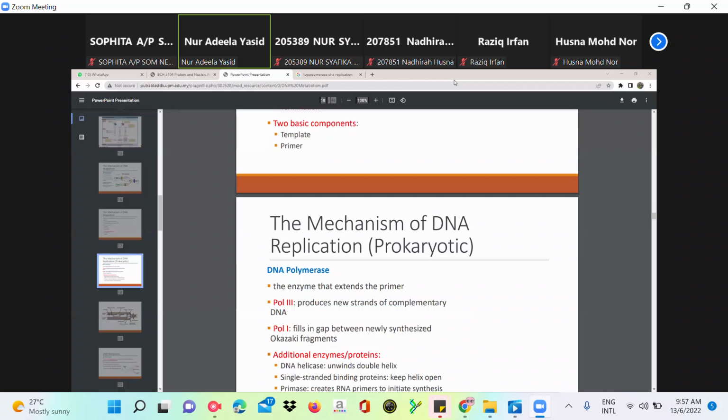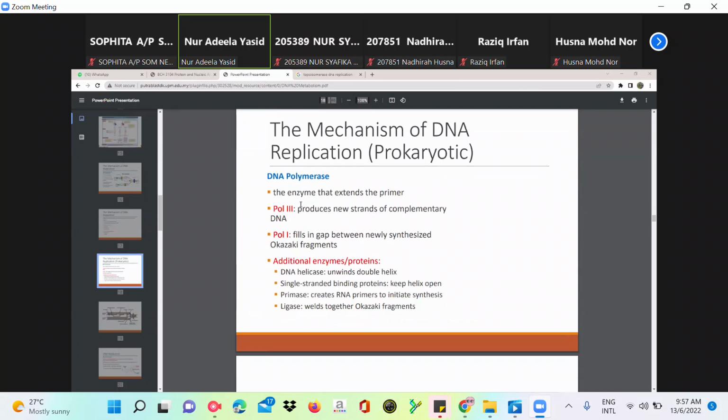Okay, all right. So apart from DNA polymerase, there are additional enzymes or proteins required in DNA replication. We need DNA helicase, the enzyme that helps to break down the double-stranded DNA. And we have single-stranded binding proteins that keep the DNA helix open.